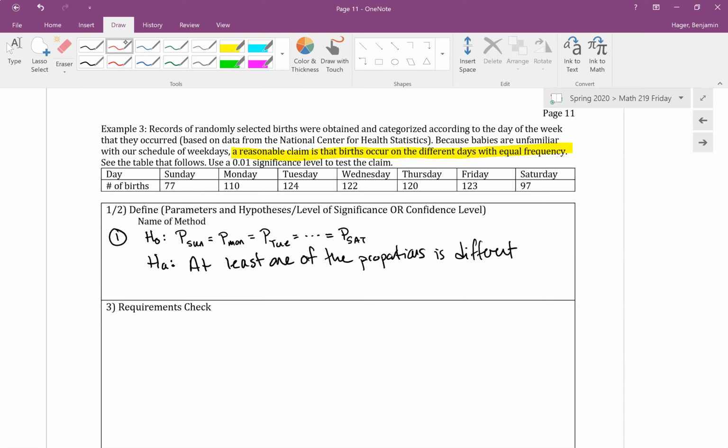They don't specify. Oh, no, they do specify. Let alpha be 1%. So alpha is going to be 1% here. And then they also cram in step 2 into here. So step 2 is name the test. This is a chi-square goodness of fit test.